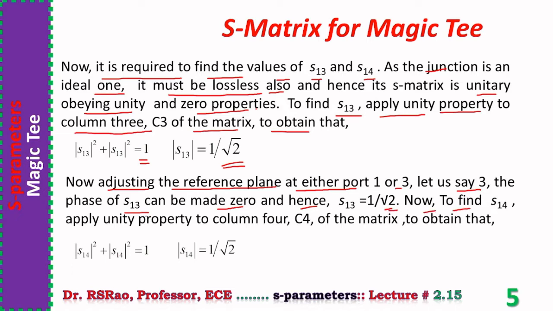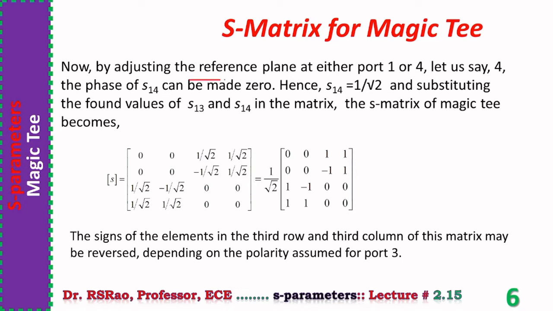Now to find S14, apply the unity property to column 4, C4, of the matrix, to obtain magnitude of S14 squared plus magnitude of S14 squared equal to 1. It gives the magnitude of S14 as 1 by root 2. Now by adjusting the reference plane at either port 1 or 4, let us say 4, the phase of S14 can be made 0.